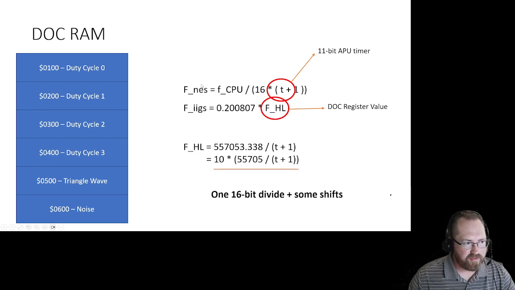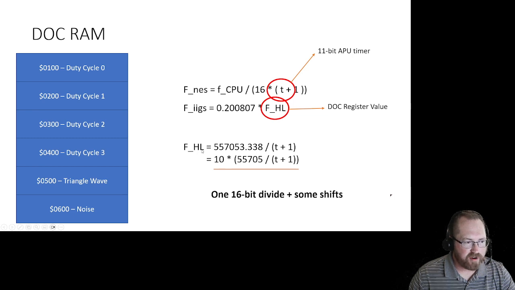So since we have these two frequencies together, we can rearrange things and solve for the DOC register value based on what the 11-bit APU timer value is. And it turns out to be this function, which is not terrible to implement.